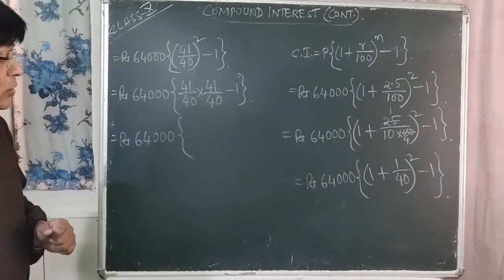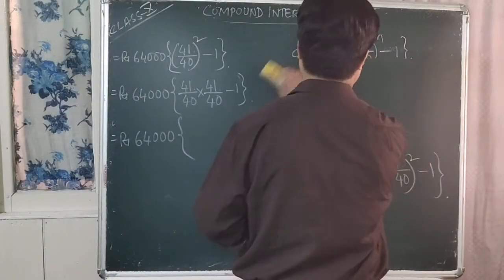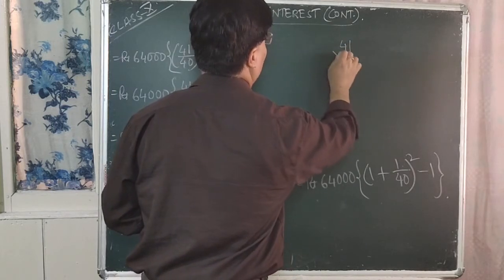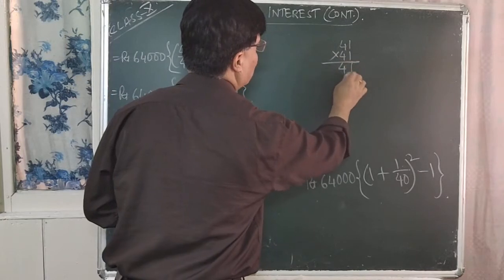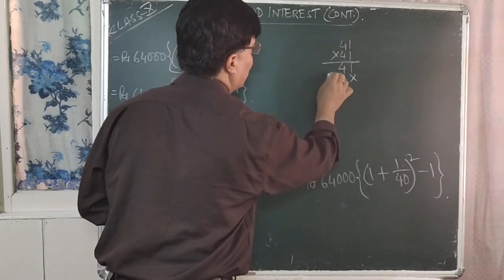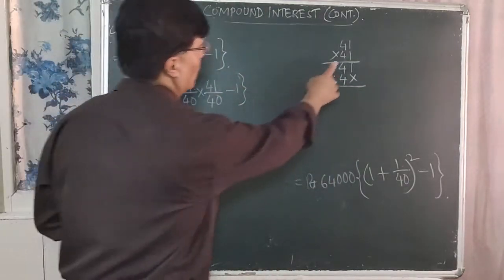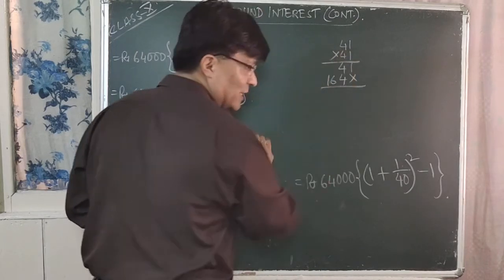So let us do the rough work here. 41 into 41. Multiply them. How much is it? 1 ones are 1, 1 fours are 4. Again, 4 ones are 4, 4 fours are 16, right?